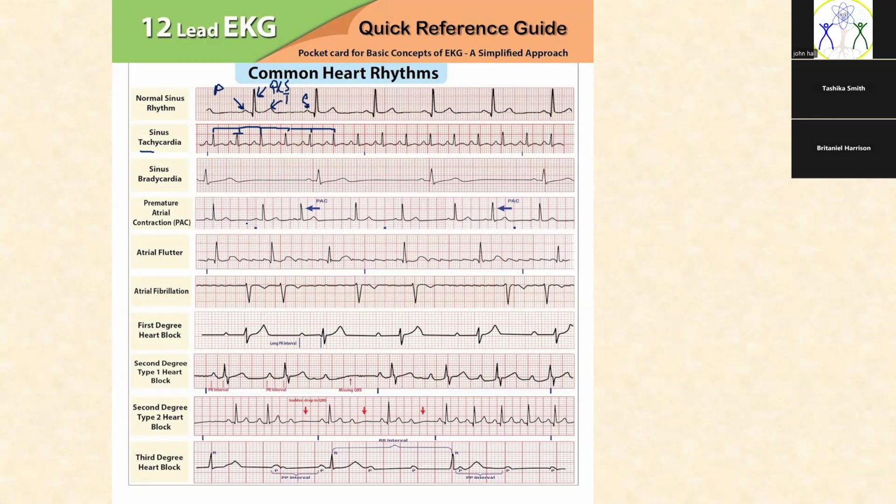Now, for the most part, what will be of greatest importance to us, because of course we don't have a lot of time, are just these three here. If I show you tachycardia or bradycardia, you should be able to recognize it relative to what normal rhythm looks like.